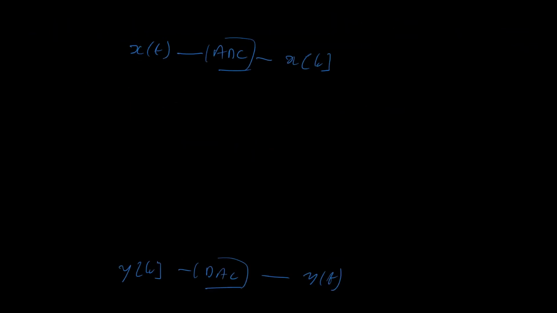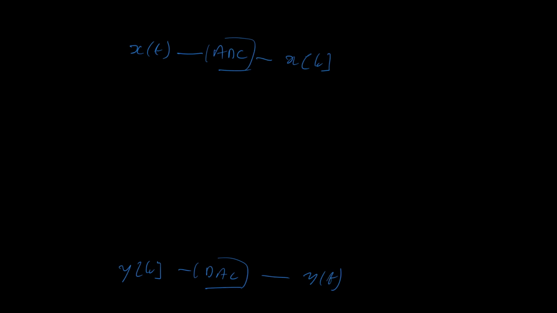To conclude, remember we are interested in a system where our continuous time signal comes in, it gets sampled to produce a discrete time signal, we process x of k using some digital signal processing algorithm that produces y of k, which we put through a D to A converter to get our signal y of t. And we realized that we can understand this system going from x of t to y of t by looking in the frequency domain.